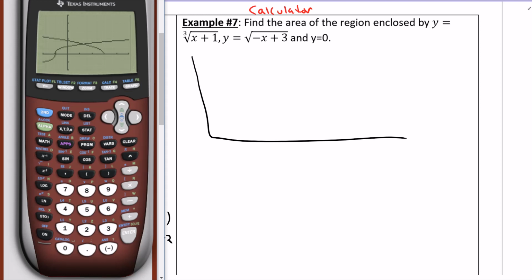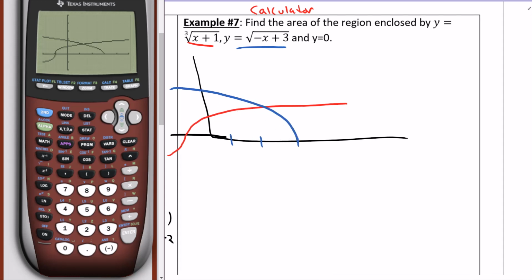Okay, so we are interested in that region there. Let's sketch these real quick, and let's give them some color. Let's call this one red, let's call this one blue. The cube root one looks something like that, and the square root one looks something like that.